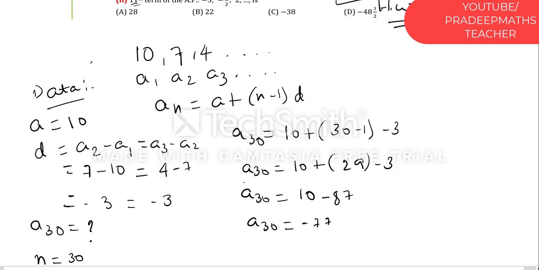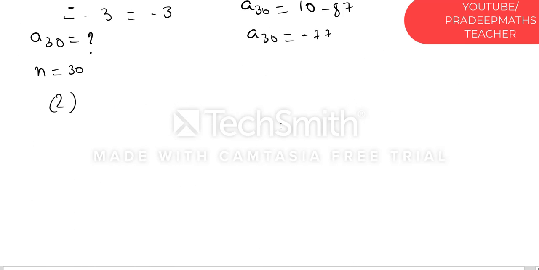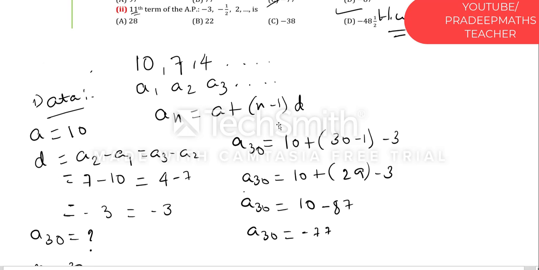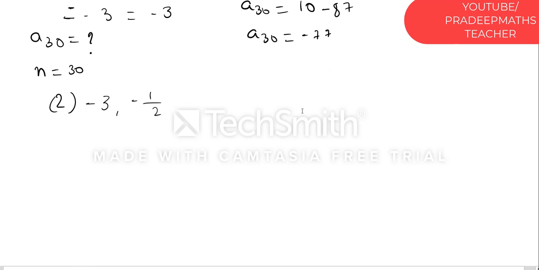The AP is minus 3, minus 1 by 2 and 2, and you need to find the 11th term.